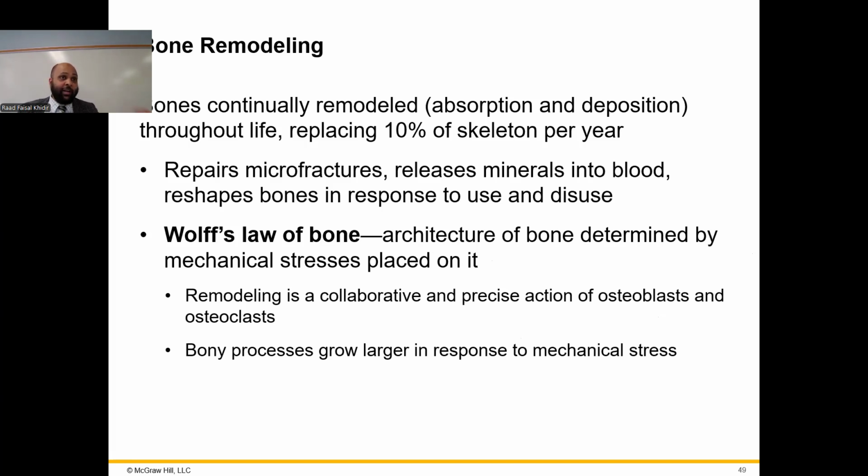Same thing with somebody working out every day. So their muscles and their bones are going to get really strong to keep up with this daily stress they go through. So remodeling is a collaborative and precise action of osteoblast and osteoclast. You would have bony processes that grow larger in response to the mechanical stress.